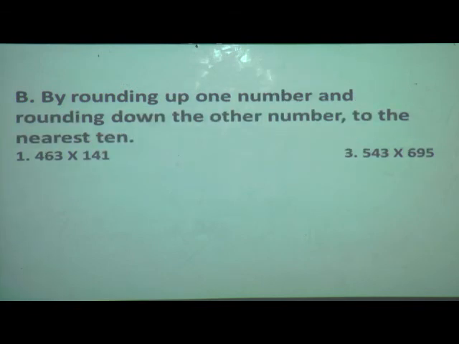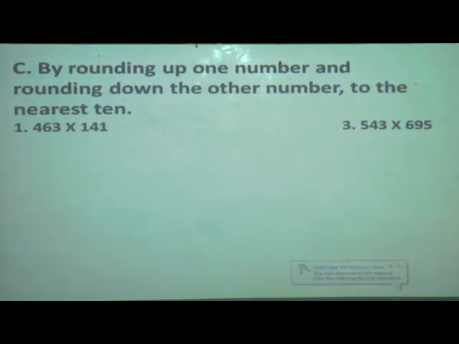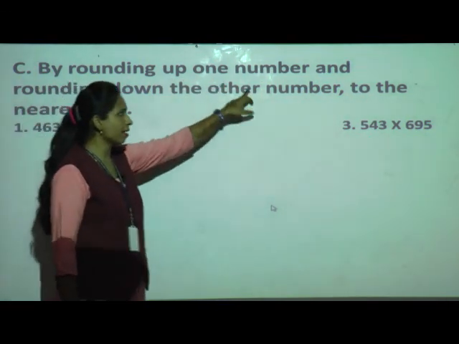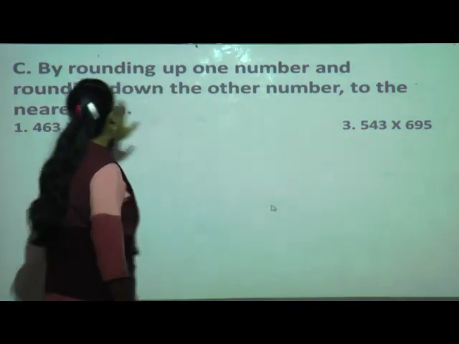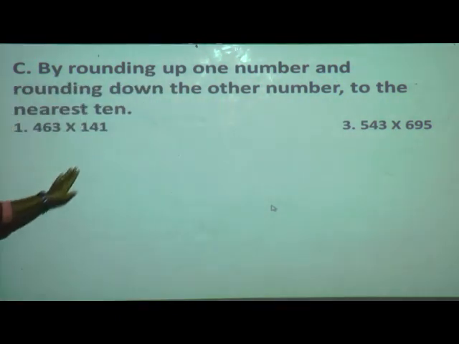Now C question. What is the C question? By rounding up one number and rounding down the other number to the nearest tens. See, just now we have studied in our new concept before starting exercise 3.6, estimating products.